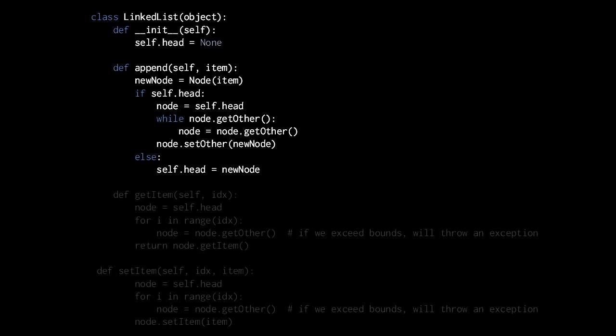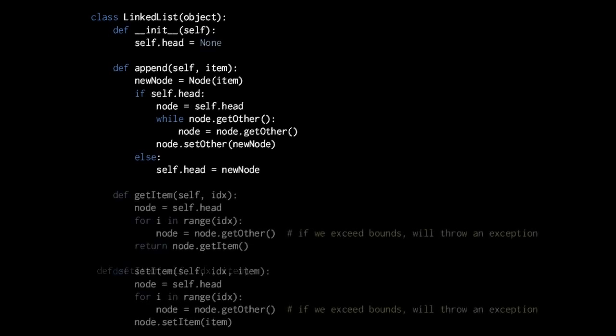As long as node.getOther returns a node which will test true rather than None which will test false, then the loop keeps executing and we keep assigning the next node to the variable node. Once the loop exits because we've hit the tail node, then we invoke node.setOther with the new node. So now what was formerly the tail node is pointing to this new node, and the new node which we created is the new tail node.